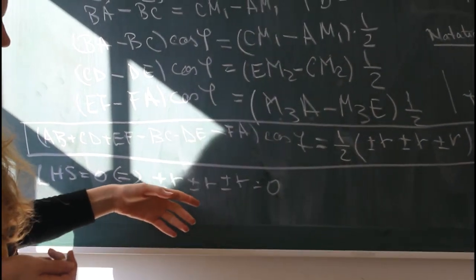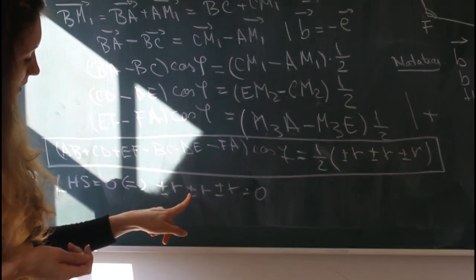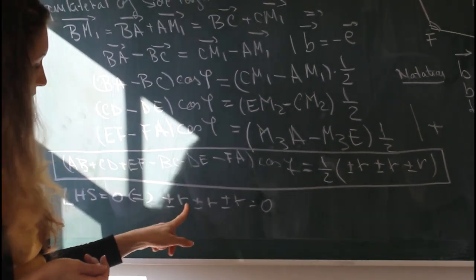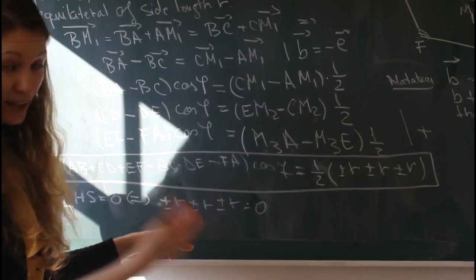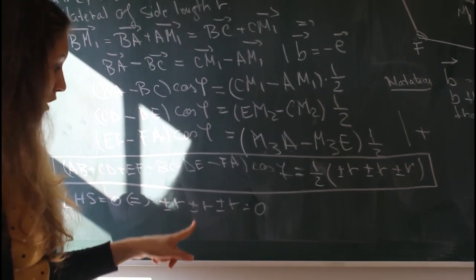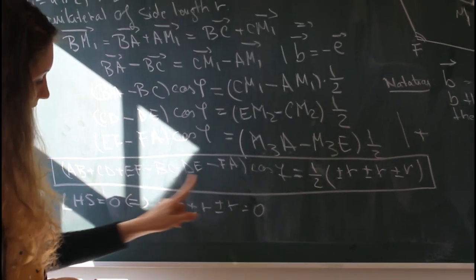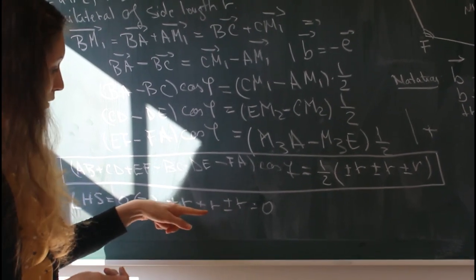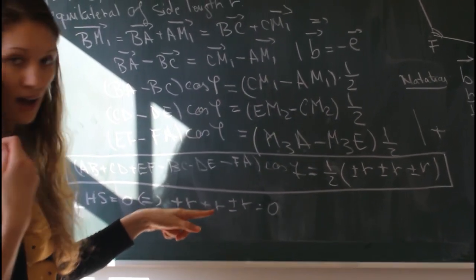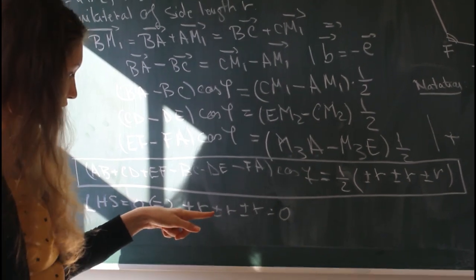Well, if we change one of the signs here, we observe that we actually add or subtract 2r, which means that this expression is actually an integer multiple of r, and the parity of that integer never changes.